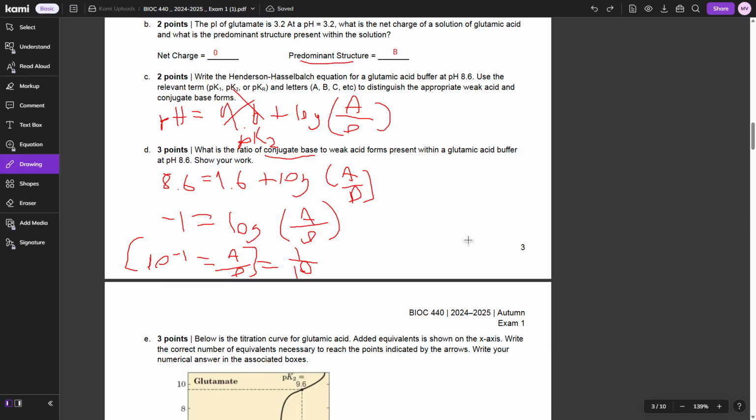That makes sense. Good. Just be aware of that. The moral of the story is please read the question, because the questions can be a little bit devious. If it says base over acid, just leave it how it is. If it says acid over base, flip the ratio.